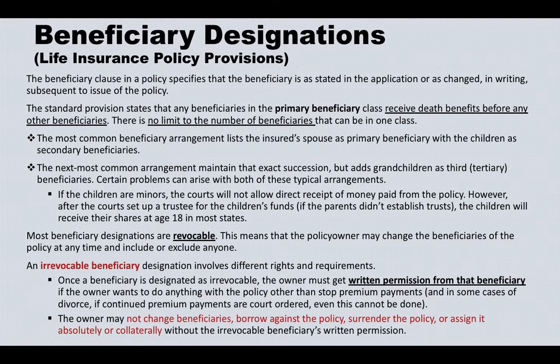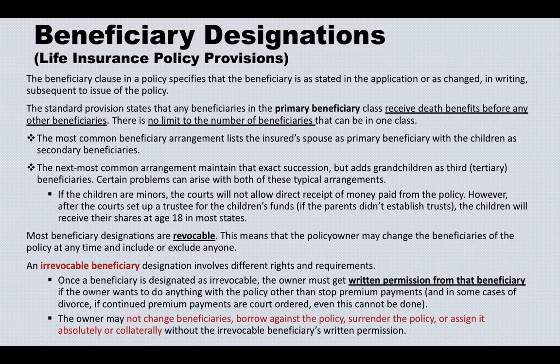You cannot use it as collateral without the beneficiary's written permission. You can stop paying premiums, and that's all you can do. In other circumstances, you just cannot do anything else with that policy. It's not yours. Even though it's insured on your life, it's not yours. So that's something about beneficiary designation.